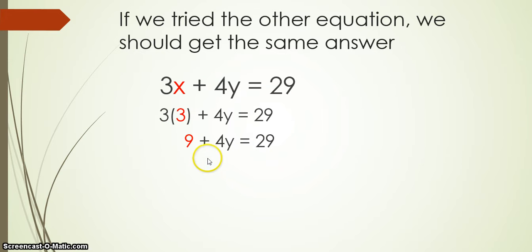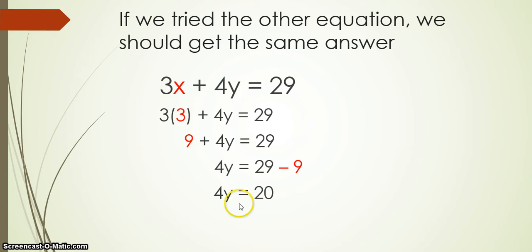And now I'm going to move the 9 to this side of the equals. It's positive 9 on this side, so when it comes to the other side, it will become minus 9. And that's what you can see here. 29 minus 9 gives us 20, and 4y is equal to 20.